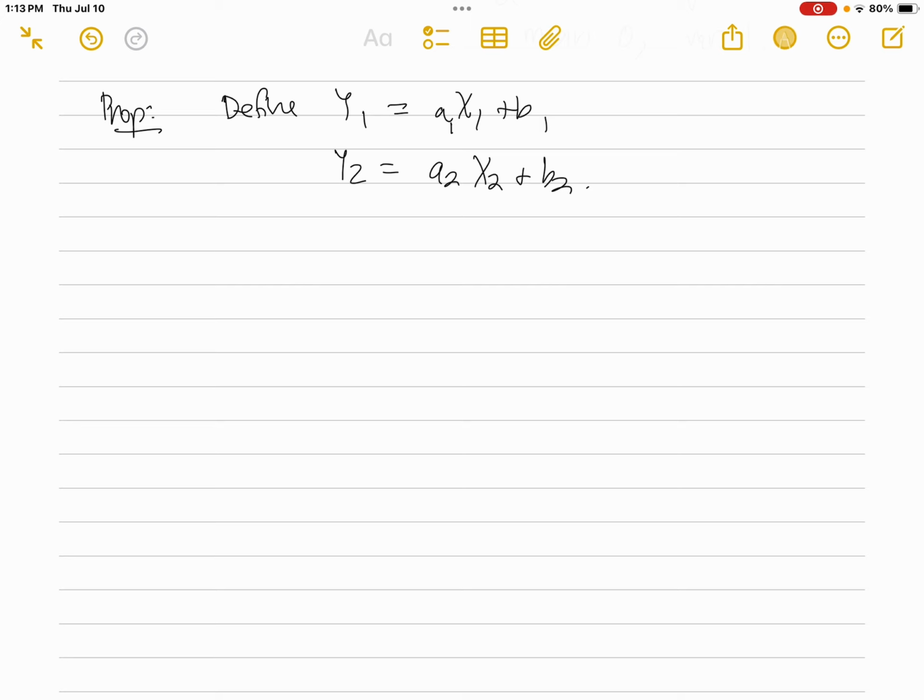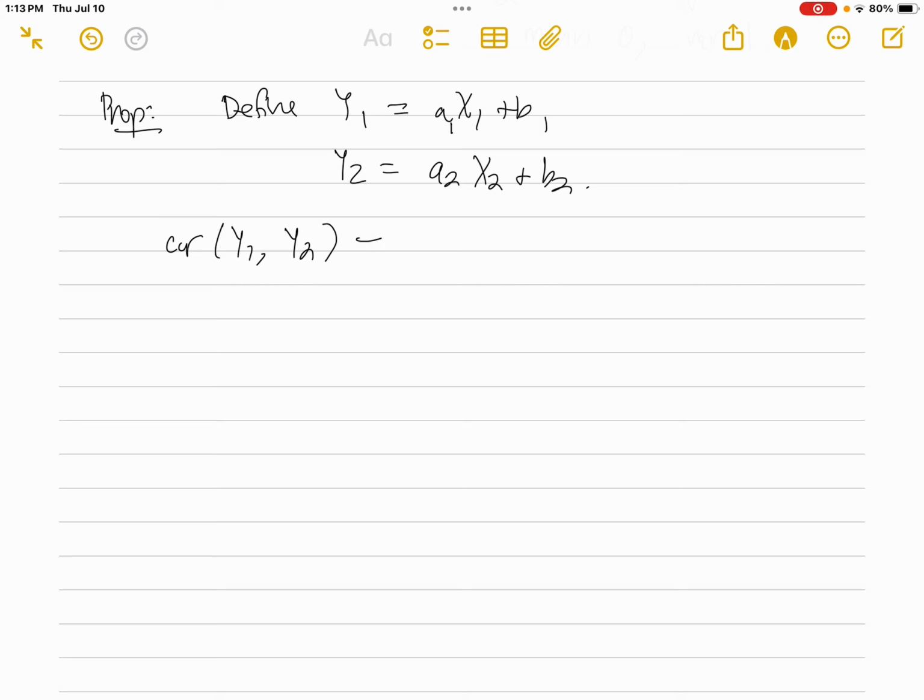The question is, how is the correlation of y1 and y2 related to the correlation of x1 and x2? So when you make these shifts to x1 and x2, how does that transformation affect the correlation?